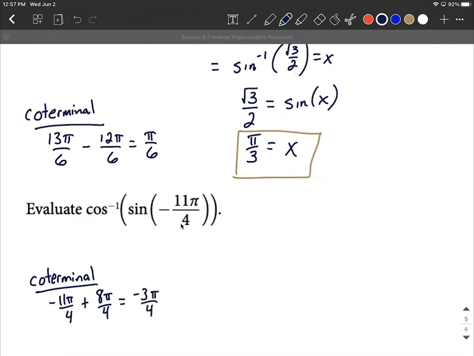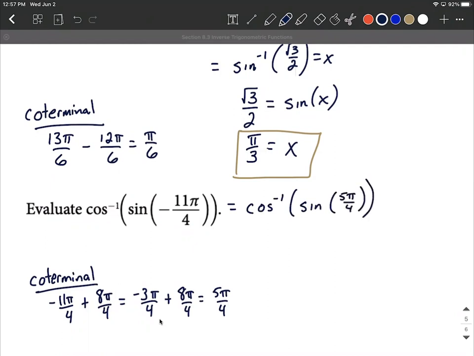Now, this is still not in the first time around the circle, so I'm going to do this one more time and find another coterminal angle. Let's add another 2 pi, or 8 pi over 4, which brings us to 5 pi over 4. We can definitely rewrite this as cosine inverse of sine of 5 pi over 4.